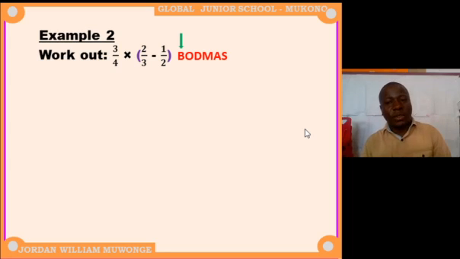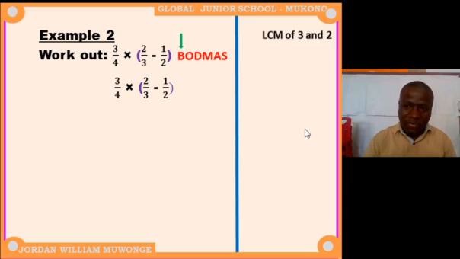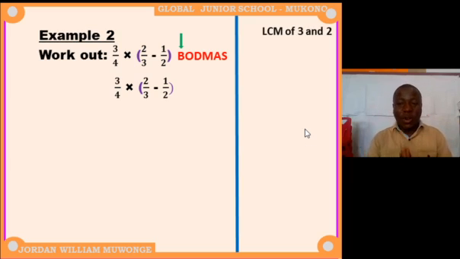You are supposed to have 2/3 take away a half. So as we are subtracting, we are supposed to look for the lowest common multiple of the denominators.